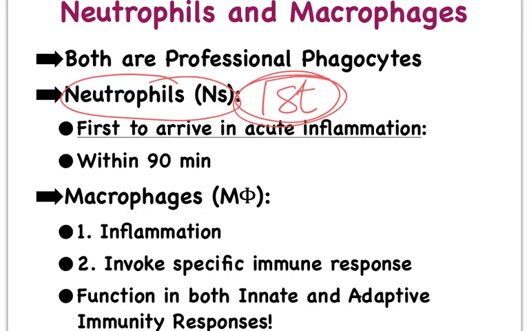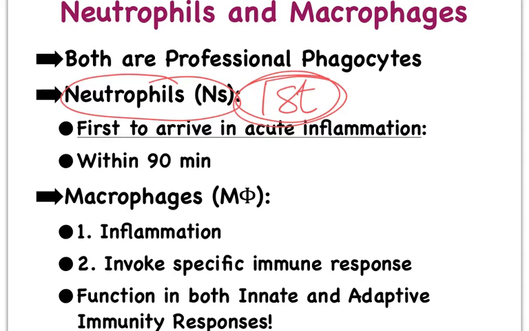Keep in mind too that both of these, the neutrophils and the macrophages, belong to the professional phagocytes. So the macrophages come a little later, and what's interesting is that they are not only going to participate in triggering inflammation, which of course the neutrophils will too, but they're also going to trigger the specific immune system or the adaptive immune system.